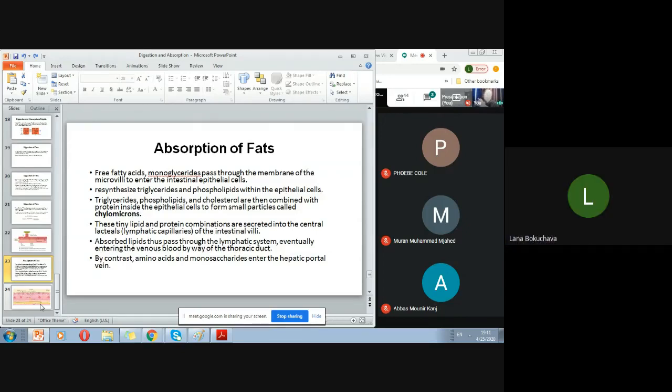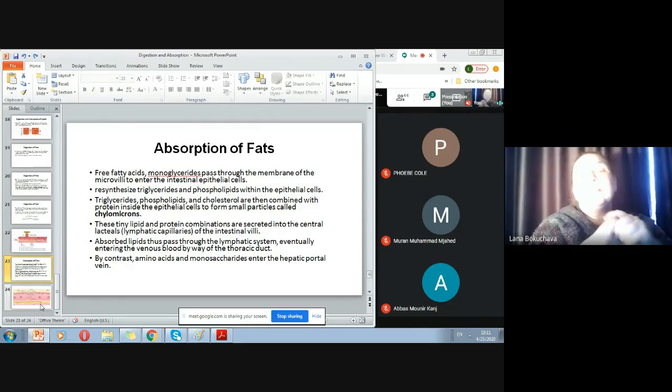I do believe you have heard about that, at least from biochemistry. And as a result, these chylomicrons can now enter, interestingly, not the blood vessels but the lacteals, which, as you remember, are the projections of the lymphatic vessels.